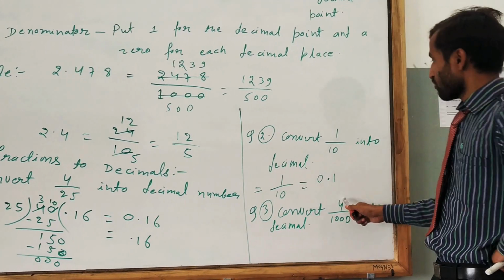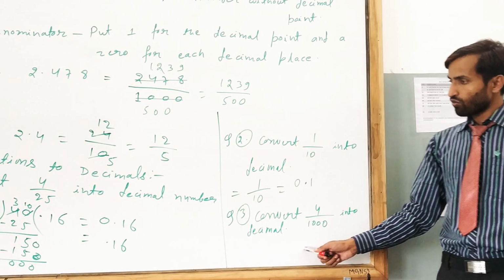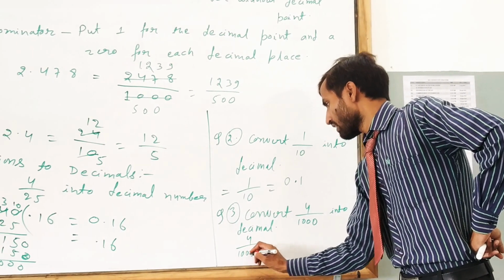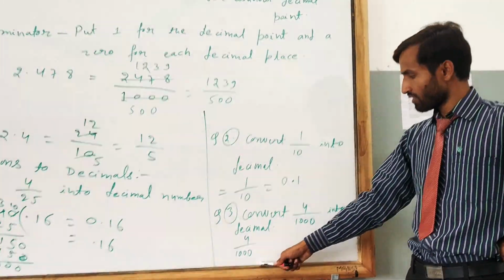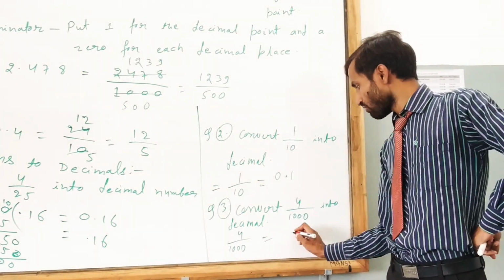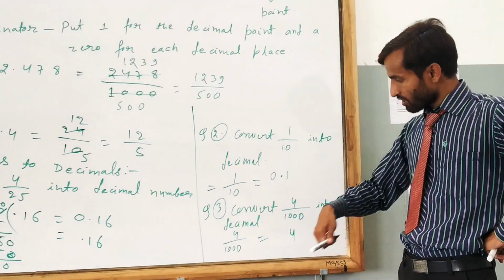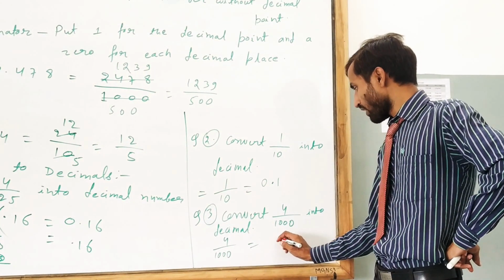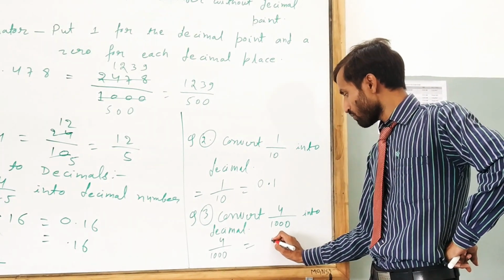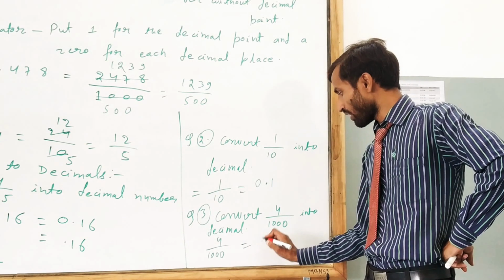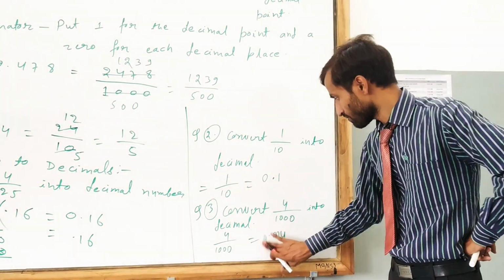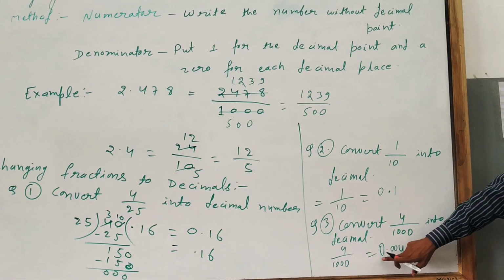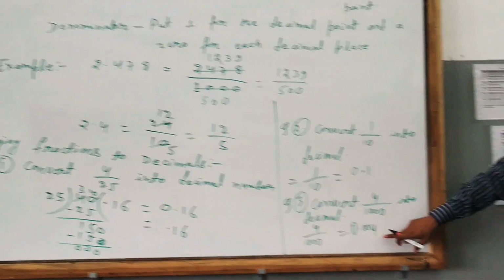Just see, 1000 has 3 zeros, so there is no need to divide; you can answer directly. Put 4, and after the decimal 3 digits are required, so you have to put 2 more zeros before it, then the point, and 0 before the point because there is no integer. So 0.004 is the final answer.